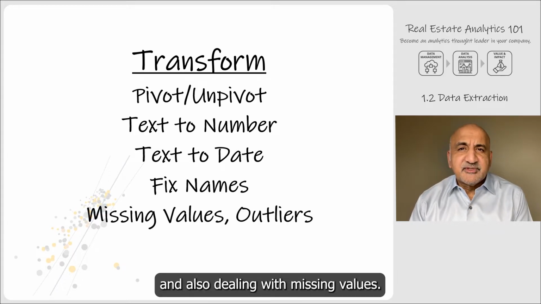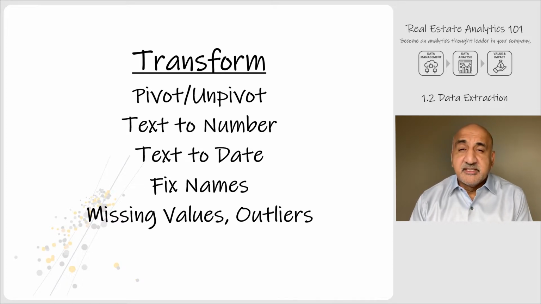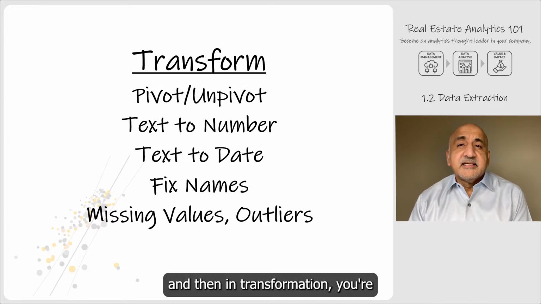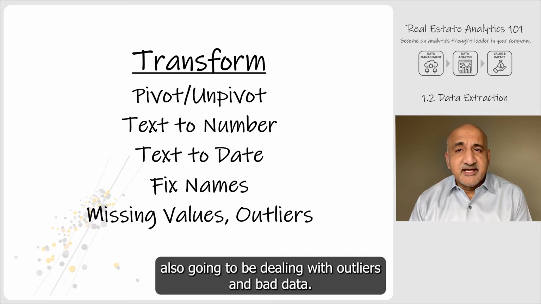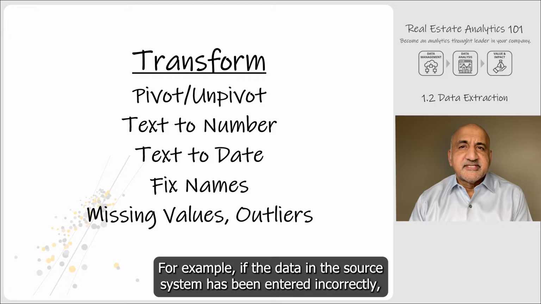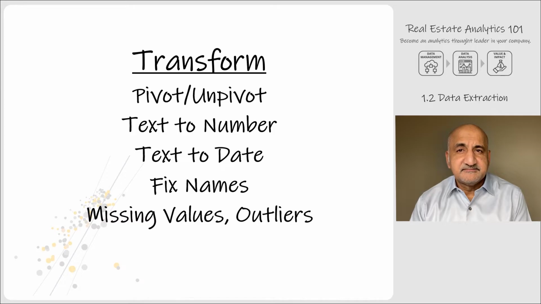And also dealing with missing values. So for example, deciding if a blank number should be treated as a 0 or not. And then in transformation, you're also going to be dealing with outliers and bad data. For example, if the data in the source system has been entered incorrectly, you might have to do something about it after the data has been exported.